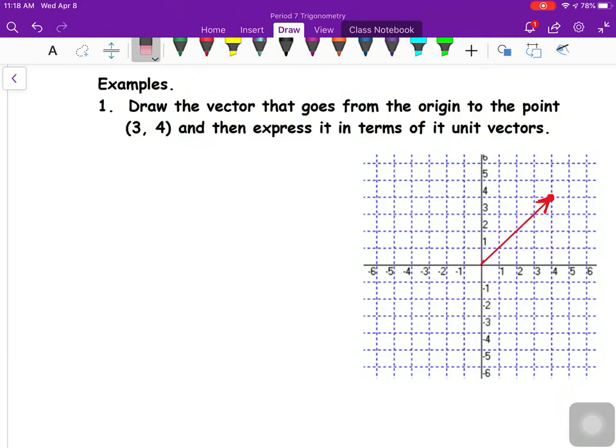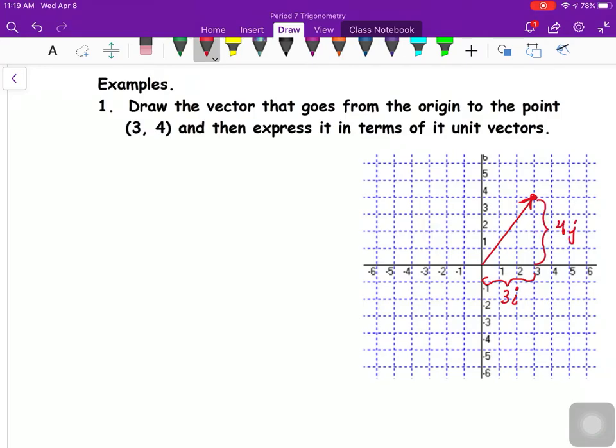The arrow would be right here because I went from the origin to that point. I can see I've plotted that in the wrong place, so I'm going to take that off. So I went over 3 and up 4, and I'll draw that one in. I apologize for that.